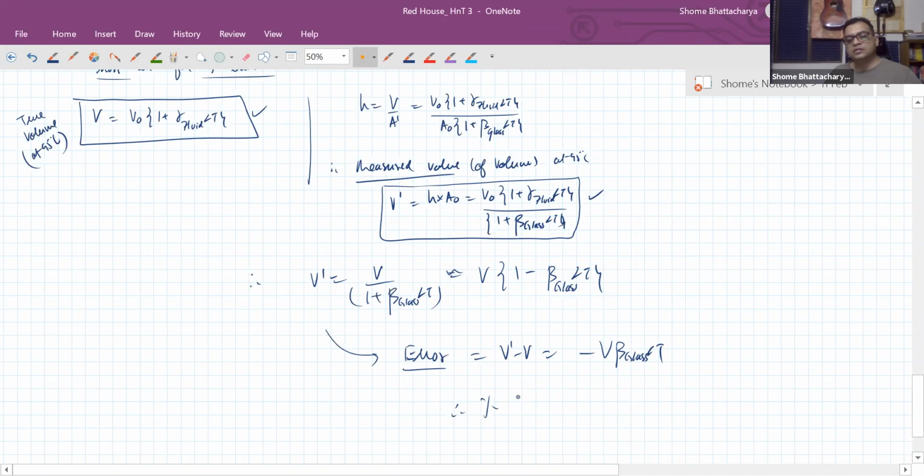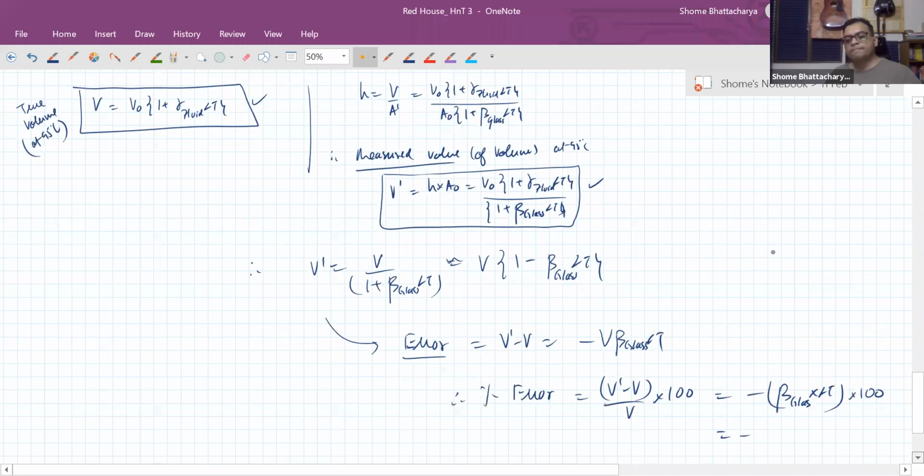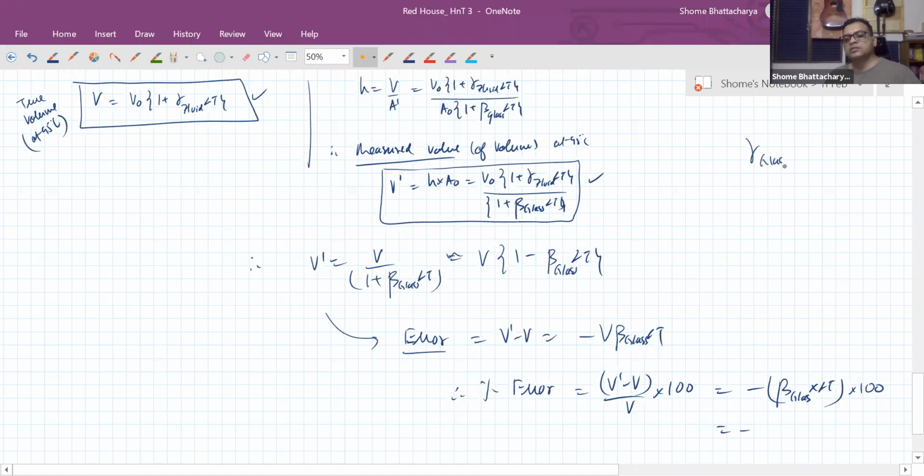So therefore the percentage error is equal to minus of beta of glass into delta T. Now gamma of glass was given to us as 9 into 10 raised power minus 6 per degree C. So alpha of glass is 1/3 of this, and beta of glass is twice of alpha. So that means this becomes 6 into 10 raised power minus 6 per degree C.